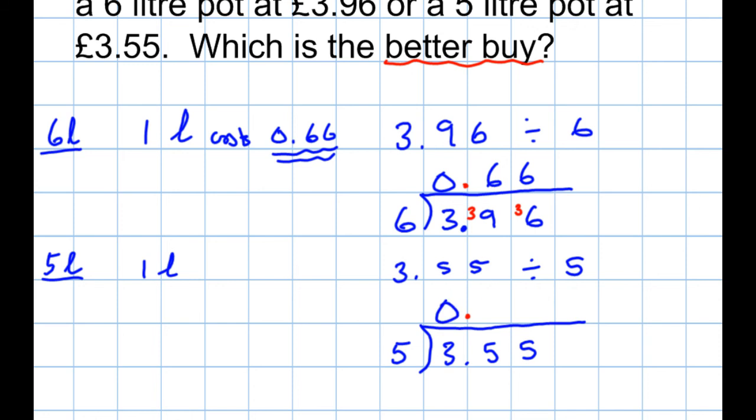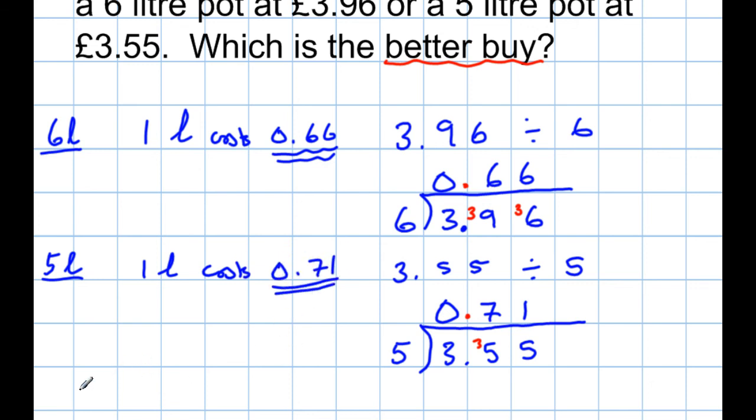Again, go 0 times. 5's bigger than 3. And remainder 3. 5's into 35. Go 7 times. No remainder. 5's into 5. Go 1. So 1 litre costs 0.71 pounds or 71 pence.